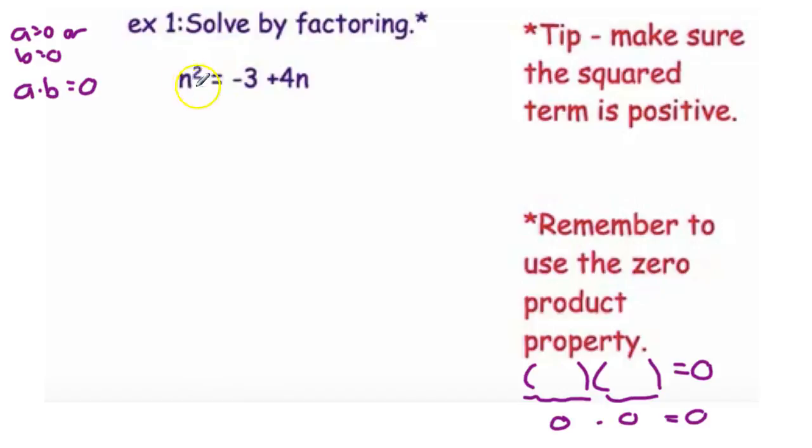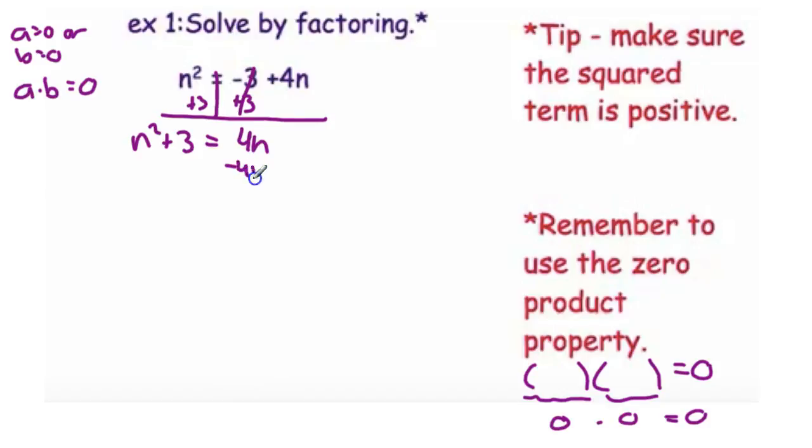So step one, we need to make this in standard form. So I want all of these things on the left side of the equation, and it should equal 0. So let's start. Let me do a plus 3 on both sides. That cancels, so I have n squared plus 3 equals, that cancels, 4n.